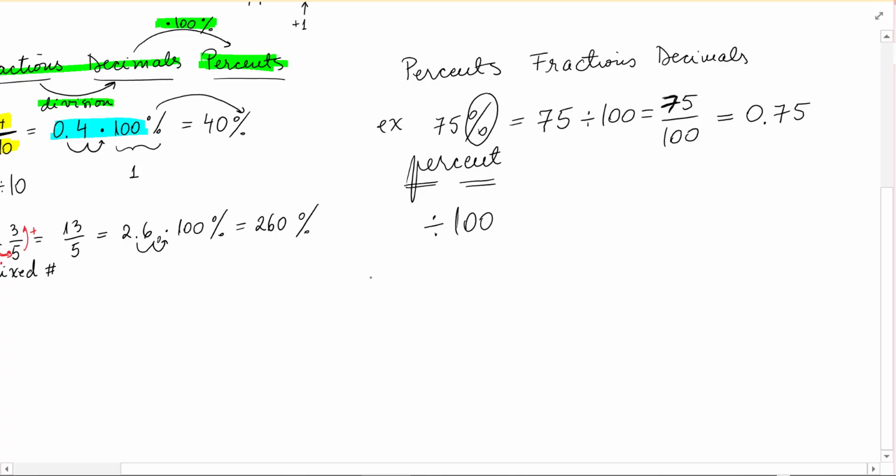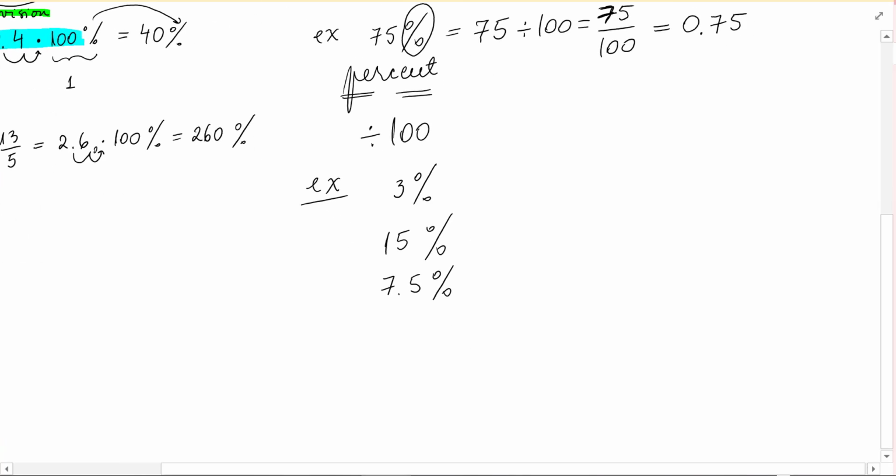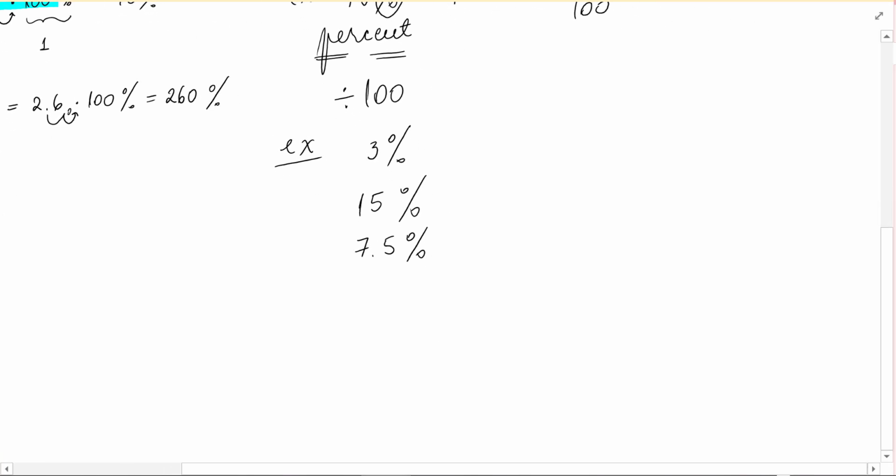Now you are going to have a lot of 3% or 15% or 7.5% in our problems, because usually these are numbers for interest, or 15% maybe sales, right? 15% off. So how do I put this number in a calculator?